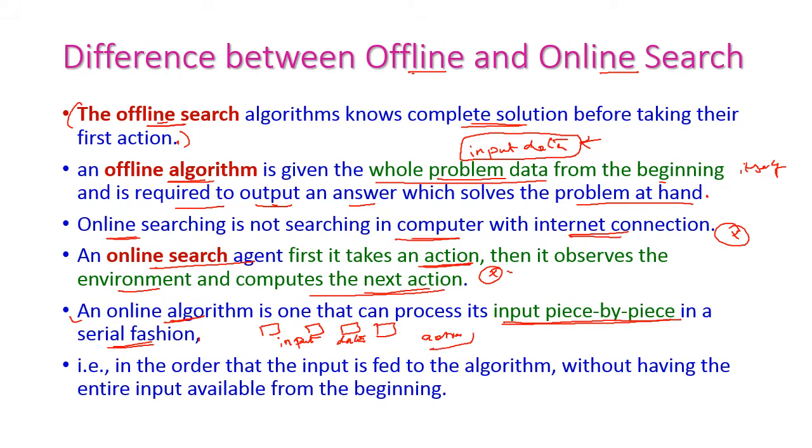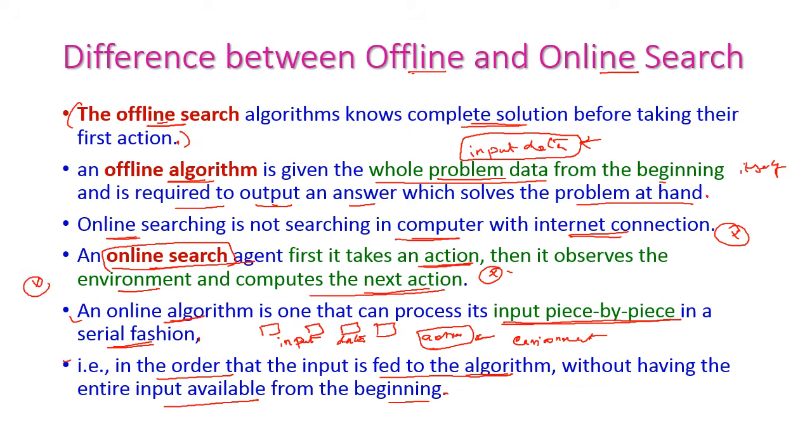So it will perform an action, then it will observe the environment. That is, in the order that the input is fed to the algorithm, without having the entire input available from the beginning. This is called an online searching algorithm.